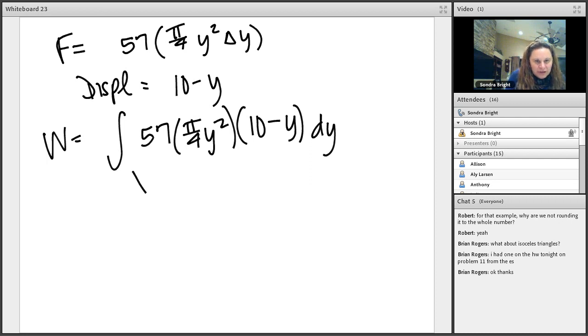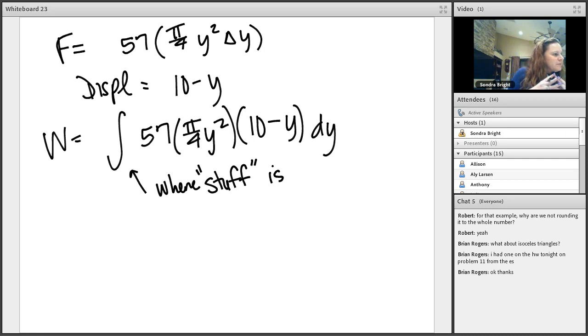Your limits of integration are always going to be where the stuff is. I know that's a very mathematical term, but it's where the stuff is. Your actual liquid, the oil, is from 0 to 8. And so your integral is going to be from 0 to 8.